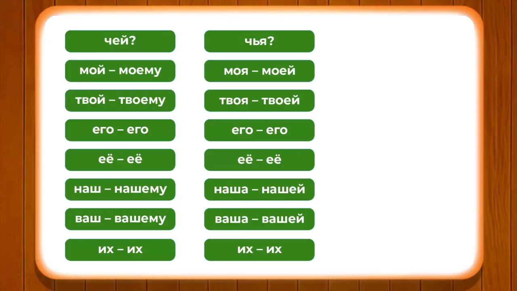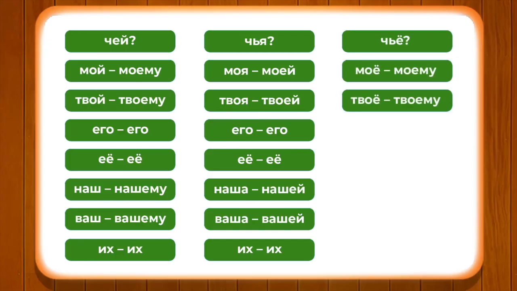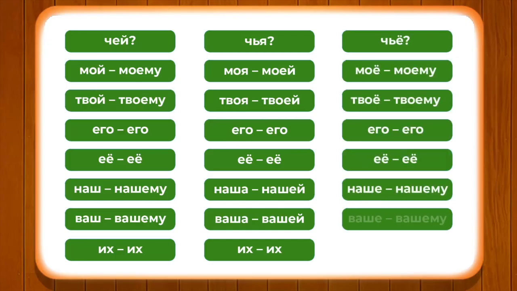For feminine gender, the possessive pronouns are moya, tvoya, yego, yeyo, nasha, vasha, ikh. Moya changes into moey, tvoya changes into tvoey, yego remains yego, yeyo remains yeyo, nasha changes into nashey, vasha changes into vashey, ikh remains ikh.